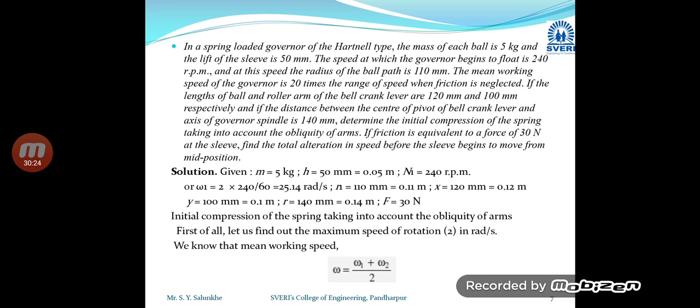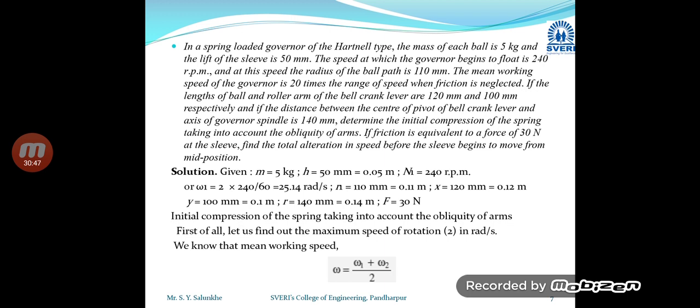Now clearly there are two parts of this problem. First part is where we have to neglect the friction, and second part where we have to consider the friction. The value of frictional force is given as 30 Newton, so that is added in the total weight we have considered on the sleeve of that governor. So let's start to solve this problem.